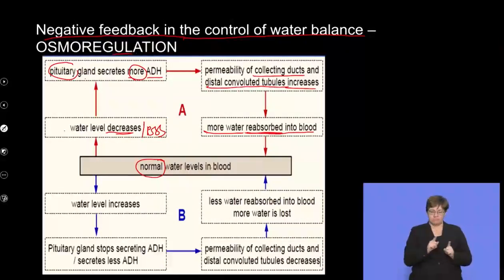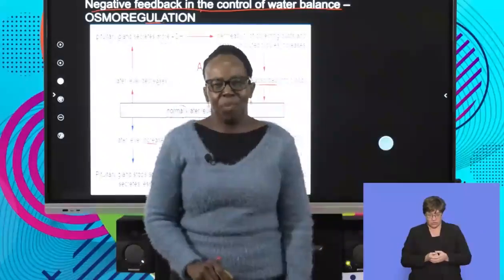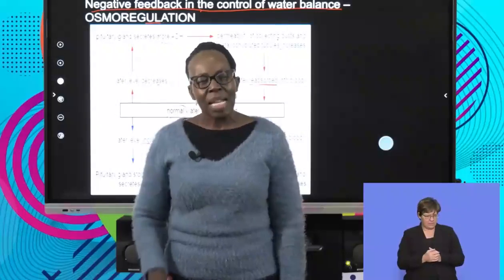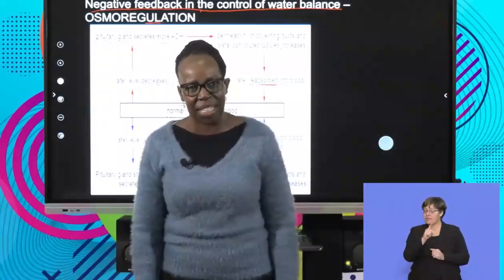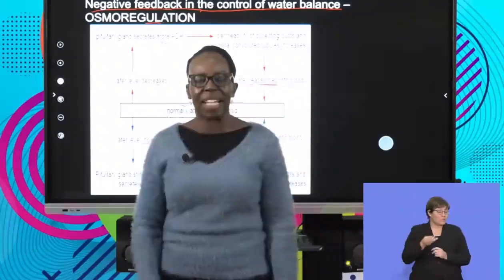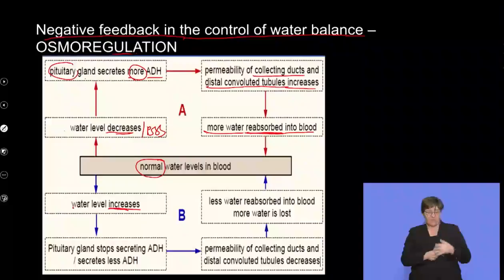So in a case water level increases, what is going to happen? What do you think? Remember the pituitary gland. Remember the hormones that are secreted in the pituitary gland. Again, the pituitary gland will act. Then the pituitary gland stops secreting ADH. Why does it stop? Because we've got too much water in our system.